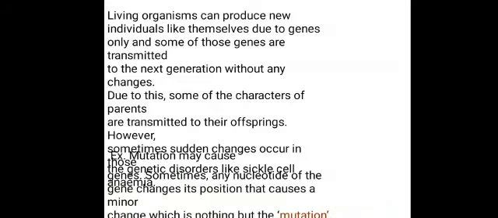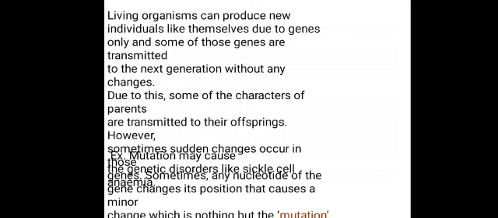Now we know that living organisms have the ability to produce new individuals like themselves, and this is due to the genes, and some of the genes are transmitted from one generation to another.